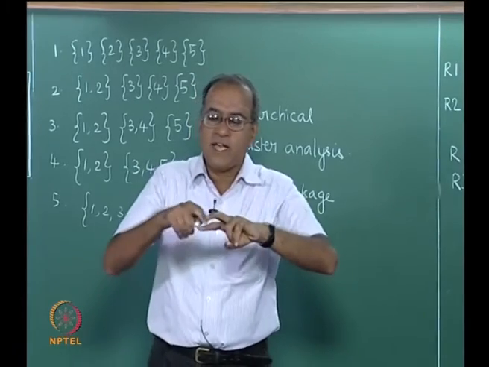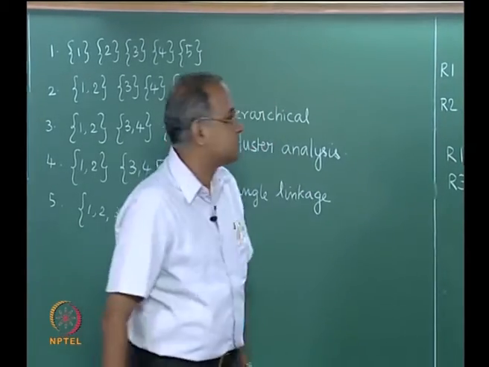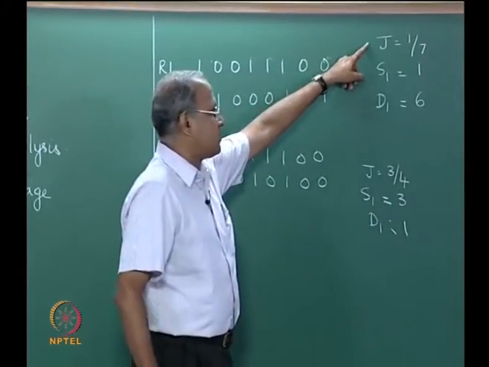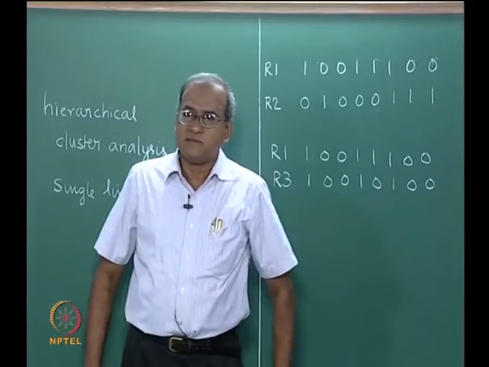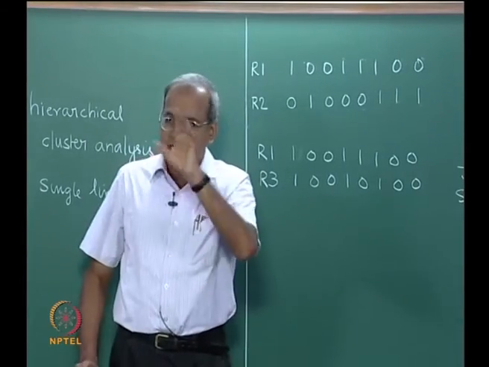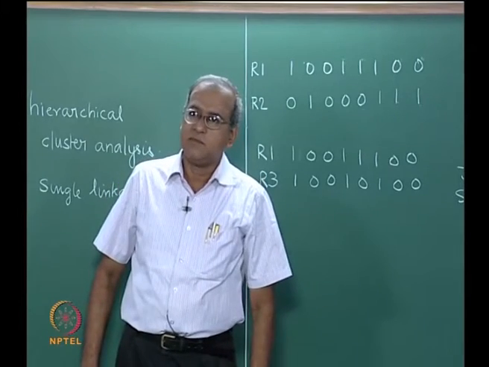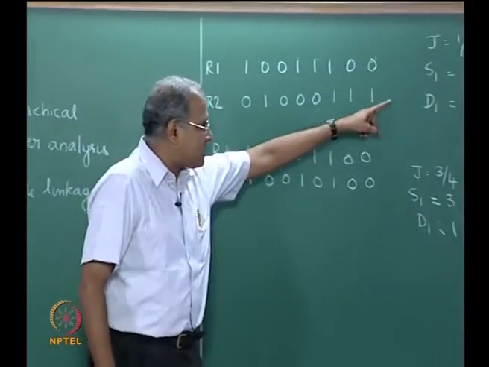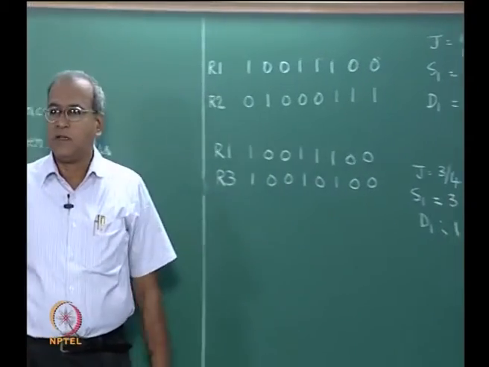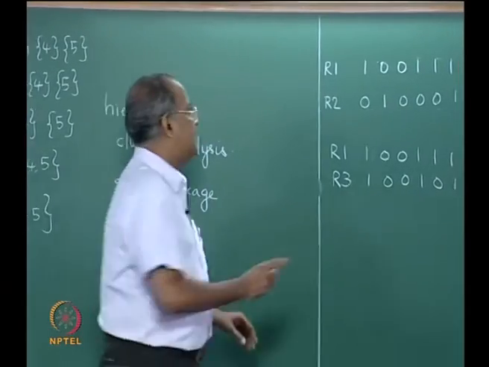Now, we have seen two ways of calculating similarity. One is the Jaccard similarity coefficient. The second is the number of parts that visit both the machines, the numerator of the Jaccard similarity coefficient. The third is we have defined a dissimilarity measure. Now, what is the maximum value this dissimilarity can take? That is 8.